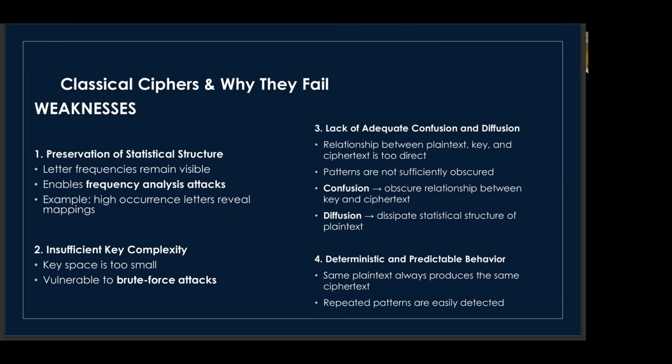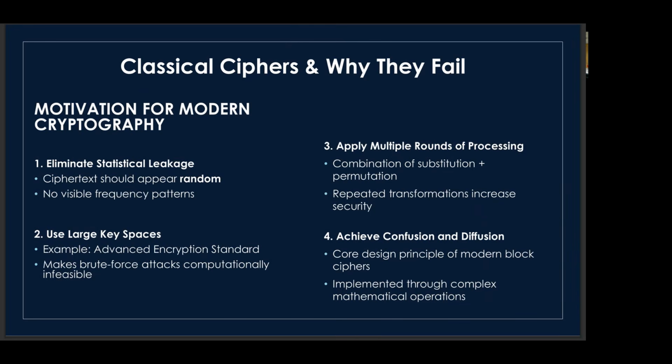So if you want to use a good cryptography algorithm, you need to ensure these two concepts are highly available. And then deterministic and predictable behavior: the same pattern always gives the same ciphertext. Okay, repeated patterns are easily detected as well, so frequency analysis can be done.